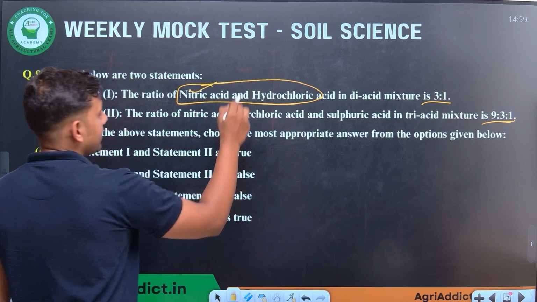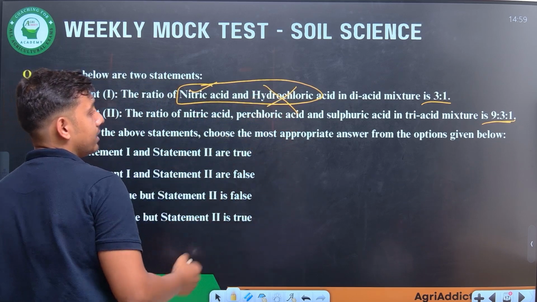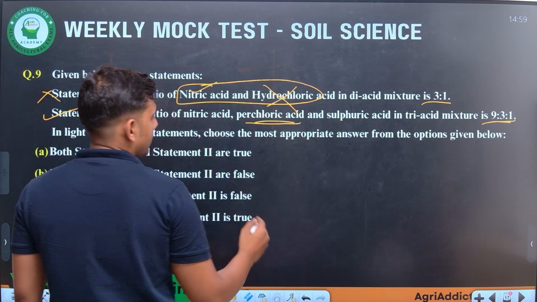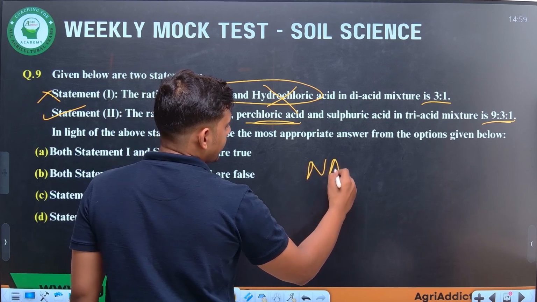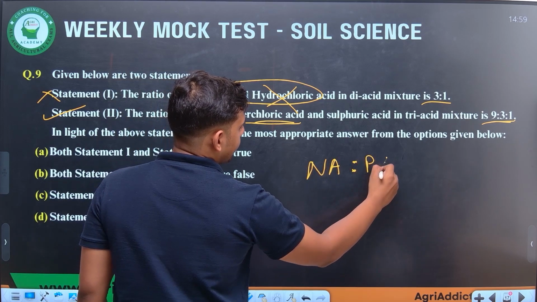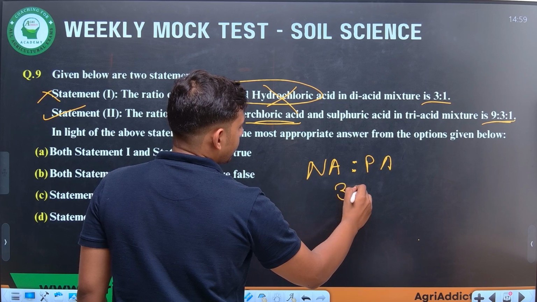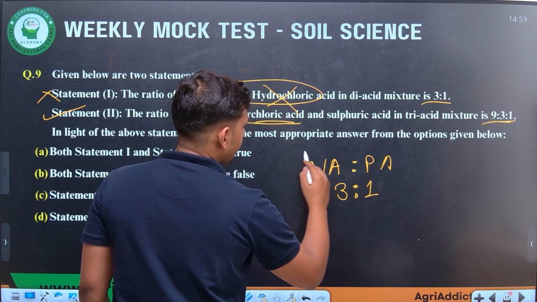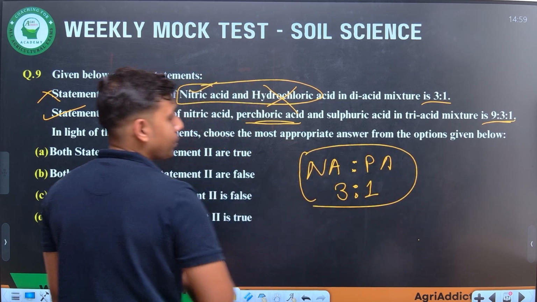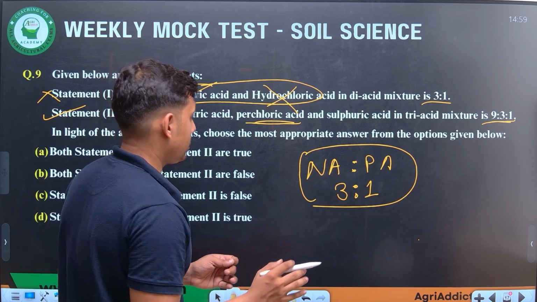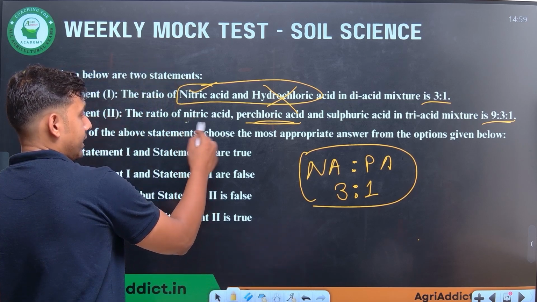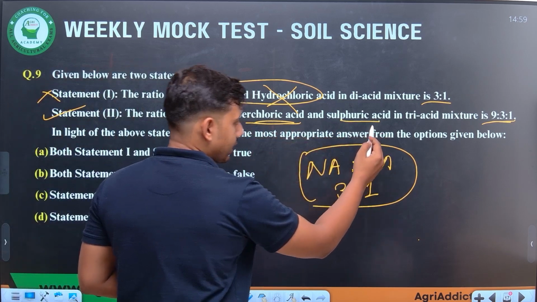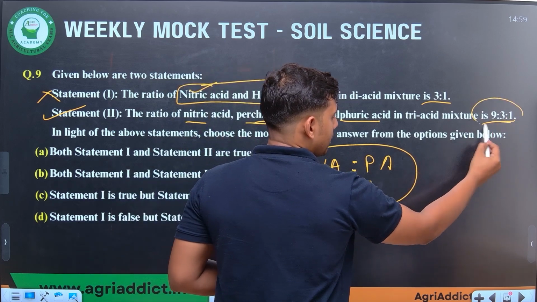Here nitric acid is okay, but not hydrochloric acid. It is perchloric. So nitric acid to perchloric acid is actually 3:1. You have to remember what is diacid and its ratio, and also the triacid, that is nitric acid, perchloric acid, sulfuric acid in the ratio of 9:3:1.